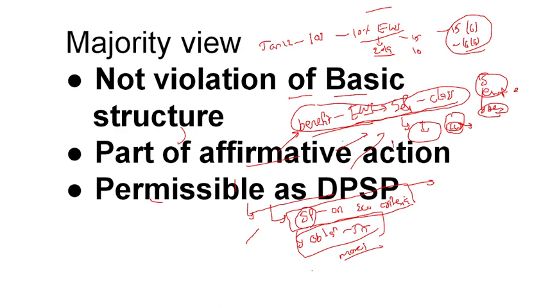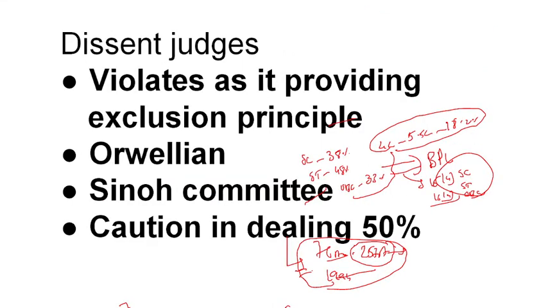If you see this overall judgment, the majority said that it is okay, permissible under DPSP, and not violating the basic structure. But in the dissenting view, they said it is violating, not because of the amendment, not because of the article, not because of the overall structure, but because it has some exclusionary principles, and that is why it violates the basic structure.